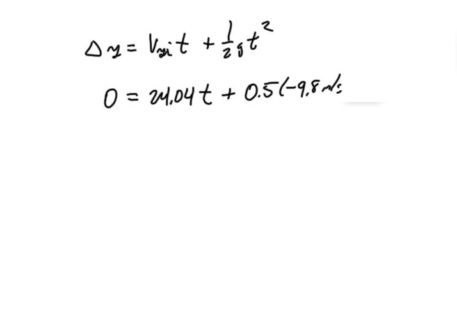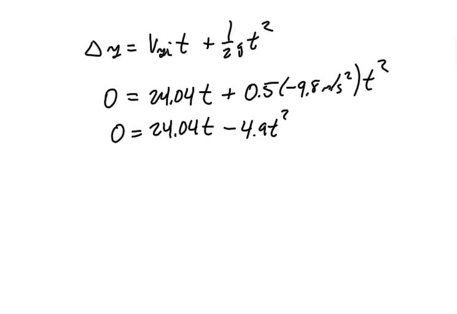Let's start simplifying this. So 0 equals 24.04 t minus 4.9 t squared. Let's get these on opposite sides. So 4.9 t squared equals 24.04 t. I just added 4.9 t squared to each side. Now, you might be saying, how do I solve for t here? I get t squared, it's a quadratic equation.